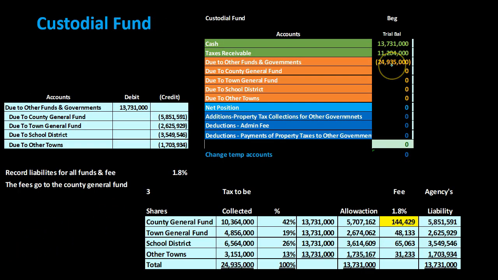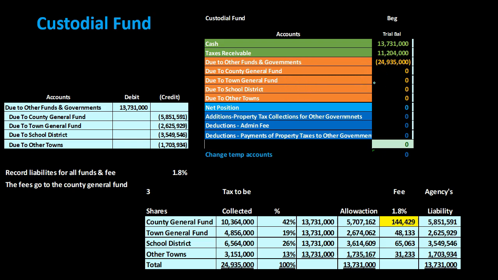Next, we're going to record the decrease in the due to other funds and governments. We're going to have to break this out now to who it's due to. So we got the 24,935. We're going to break this out in accordance with the table that we have put together for the amount that we have received. So this is all grouped together in one account, one liability that it's owed to the general fund for the county, the town, the school, and the other.